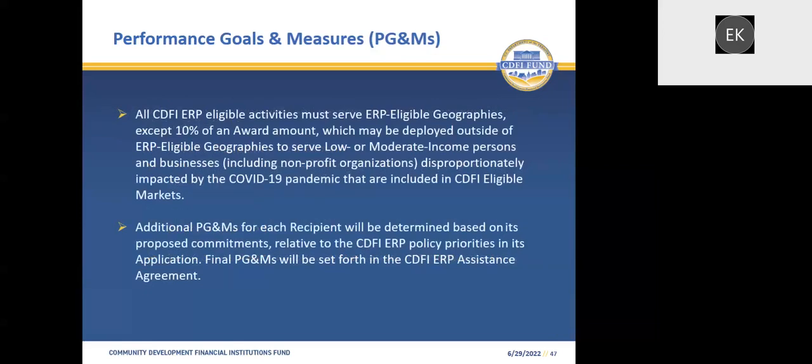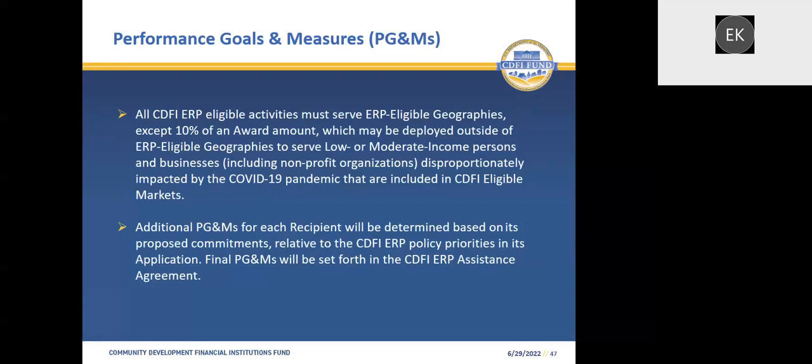On PG&Ms, all CDFI ERP eligible activities must serve ERP eligible geographies, except 10% of an award amount, which may be deployed outside of ERP eligible geographies to serve low- and moderate-income persons and businesses, including nonprofit organizations, disproportionately impacted by the COVID-19 pandemic that are included in CDFI eligible markets.